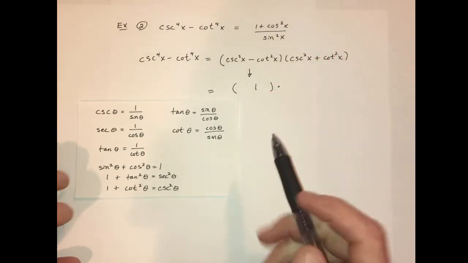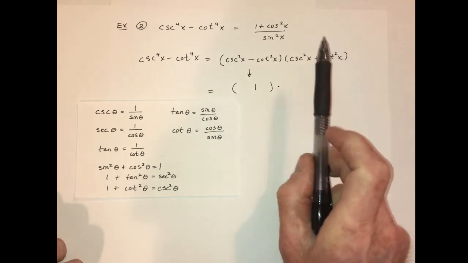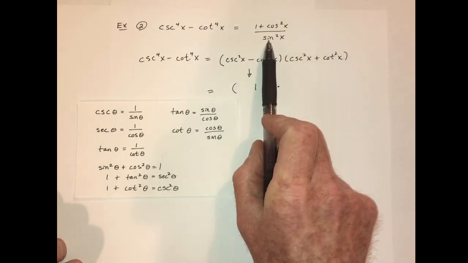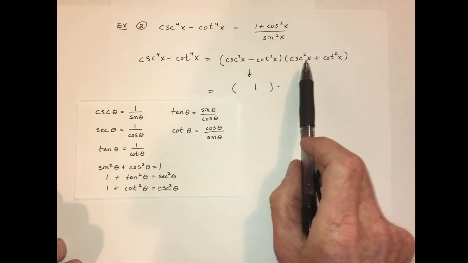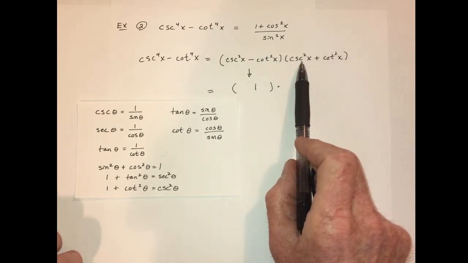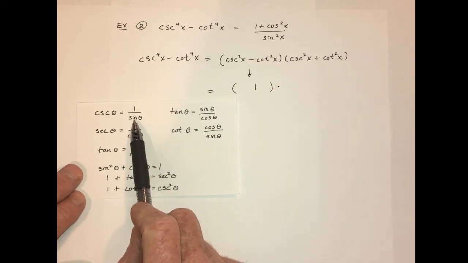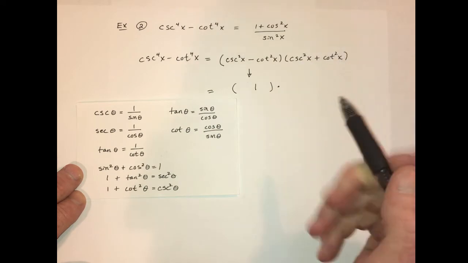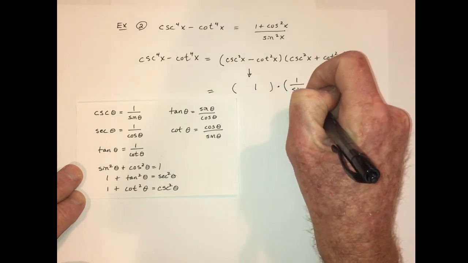All right, now what about this over here? Well, notice where we're going. Where we're going is it's supposed to have sines and cosines. So I'm going to change this to have sines and cosines. So for cosecant, that's going to be 1 over sine. And because this one is squared, it's going to be 1 over sine squared.